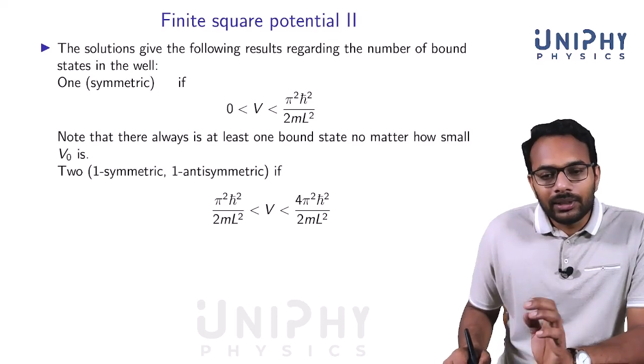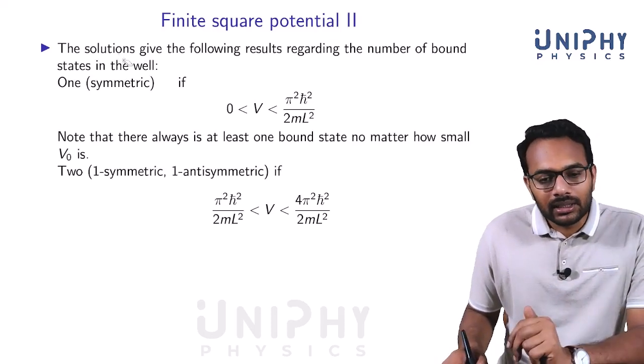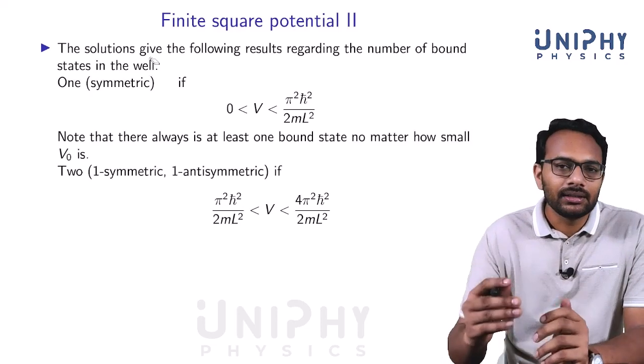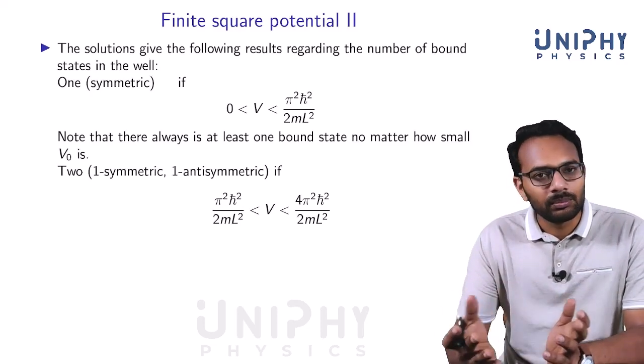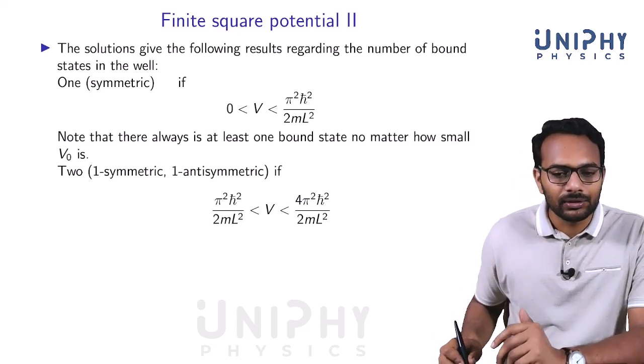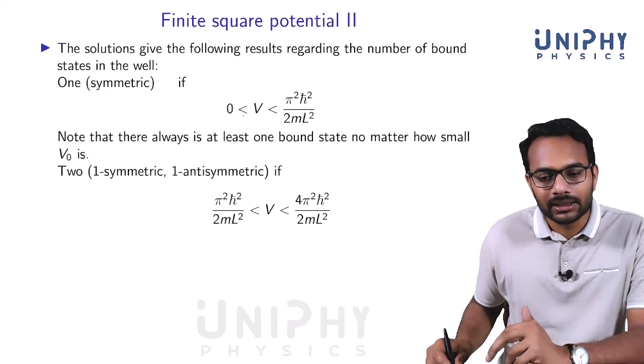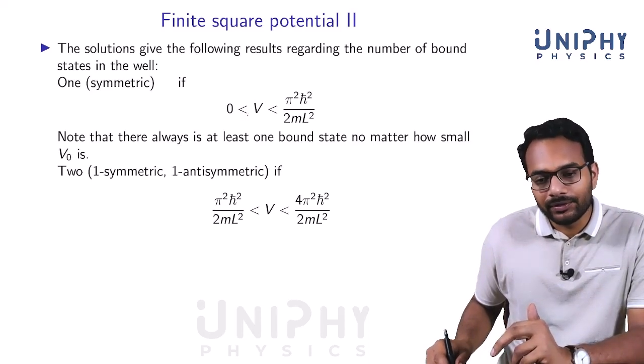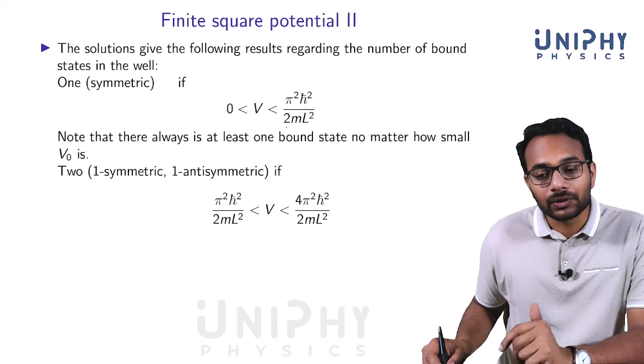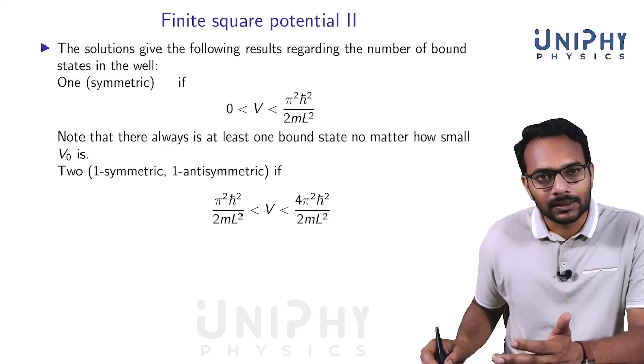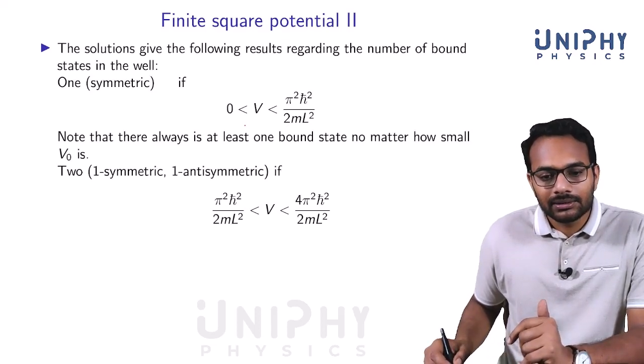Now we'll look into how we count the number of bound states. You have to solve them graphically, but if you look at the solutions, you will see that there is one symmetric solution if V is between 0 and pi square h cross square divided by 2 m L square.